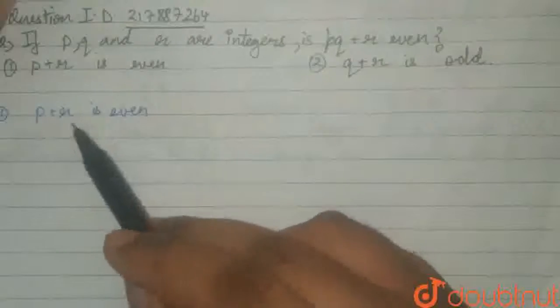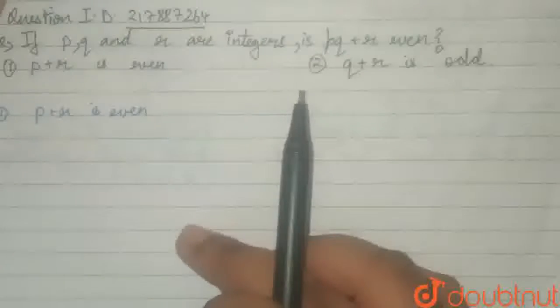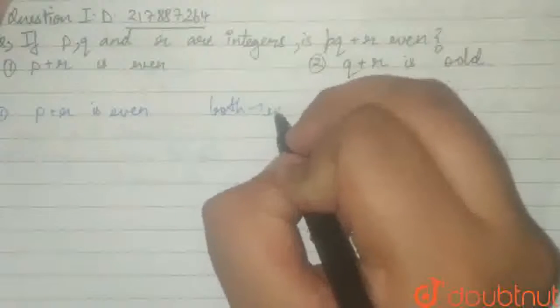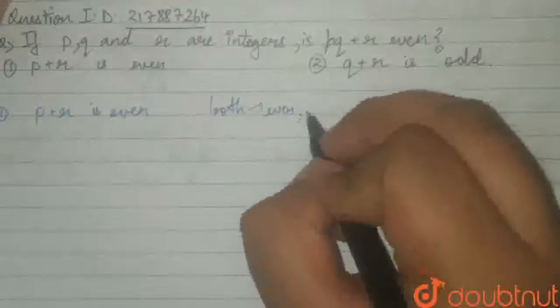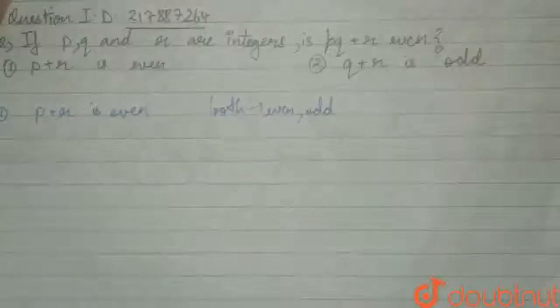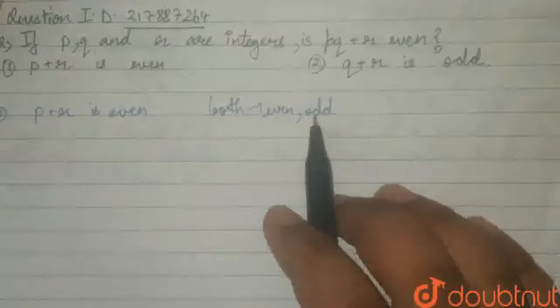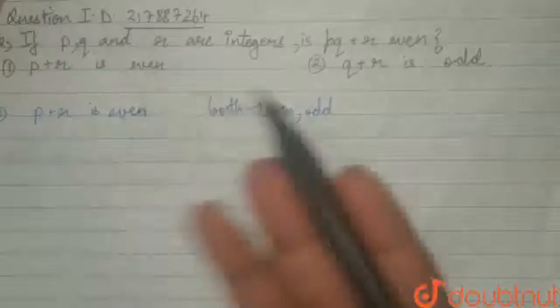Now, for the sum of two integers to be even, either both of them have to be even or both of them have to be odd. There's no two ways about it. They can't be one even and one odd.